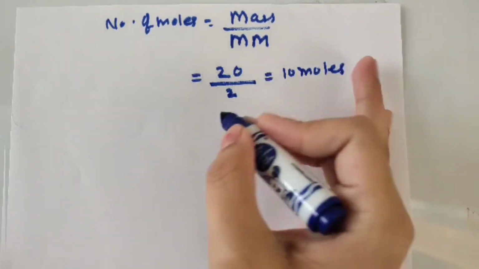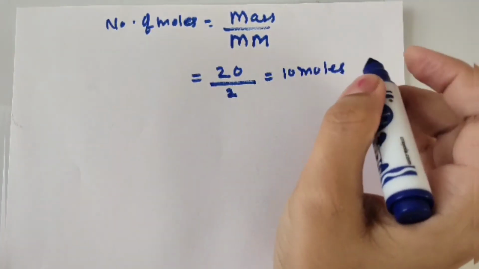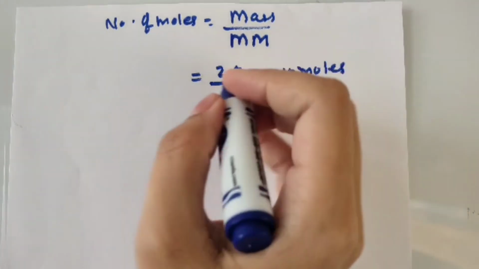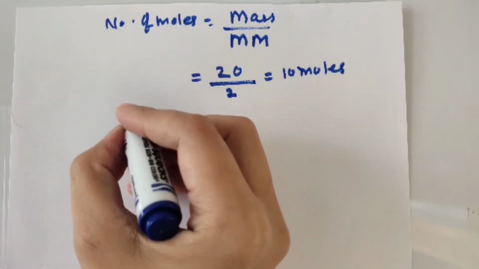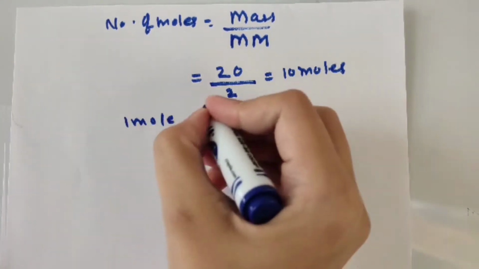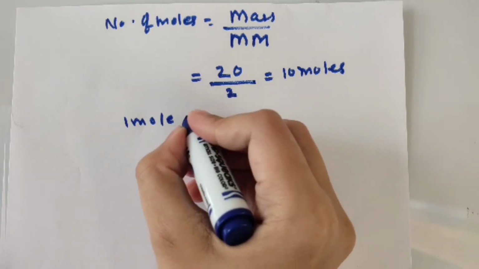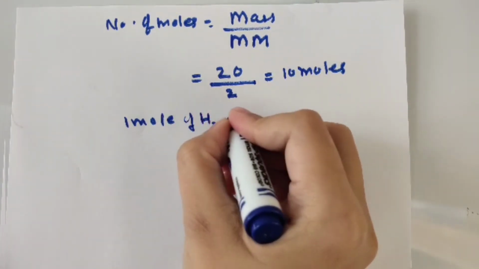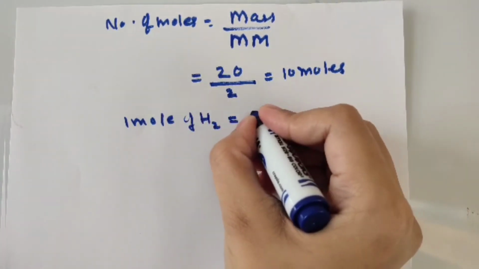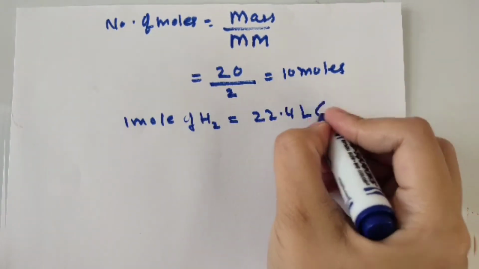So in 20 grams of H2, 10 moles are present. And we also know that 1 mole of any gas, in our case H2, is equal to 22.4 liter at STP.